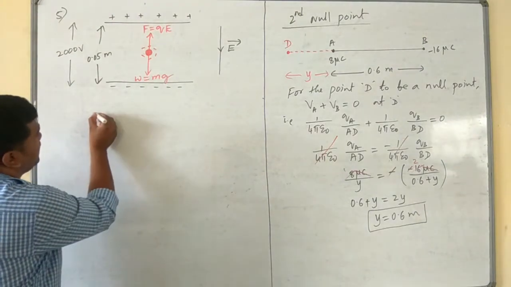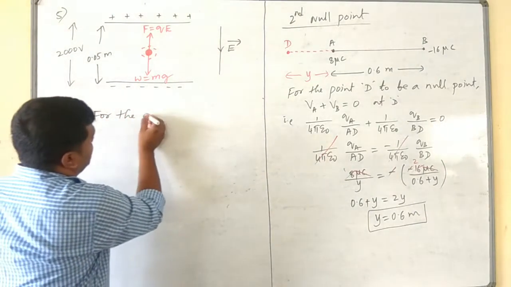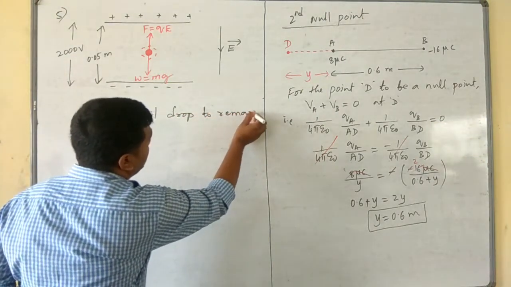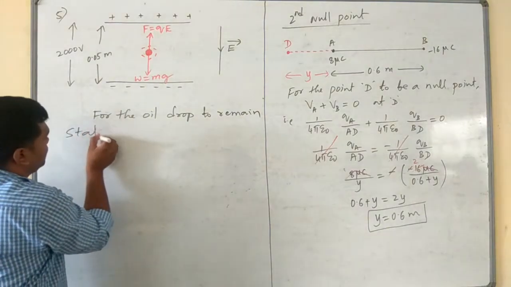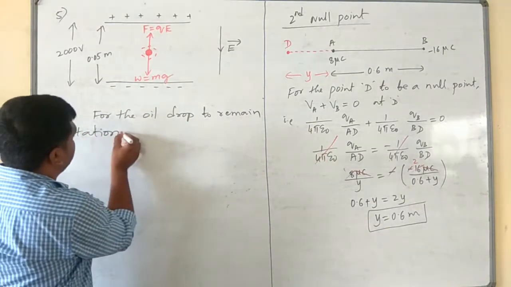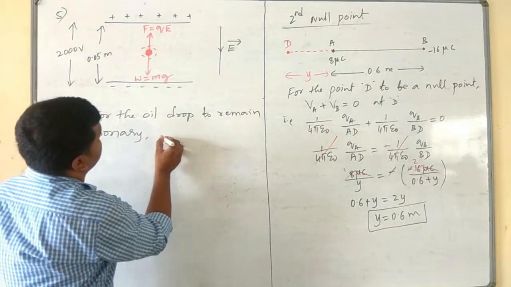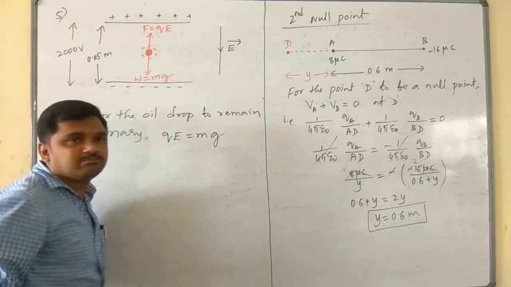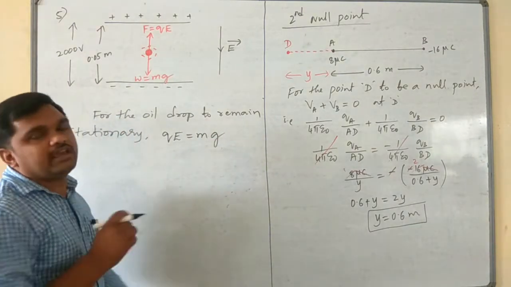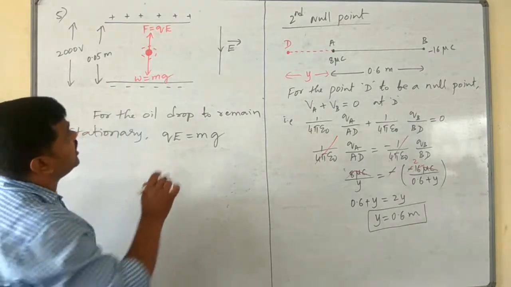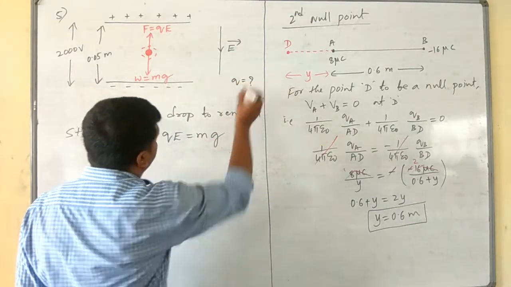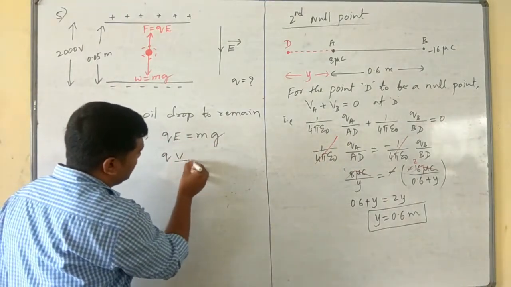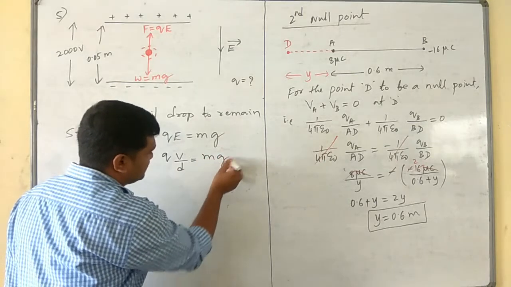Okay, see here, for the oil drop to remain stationary, the condition is that QE should be equal to mg. What we want to find out? The charge on the oil drop. Q is question mark. In place of E, we can write V upon D. That is equal to mg.